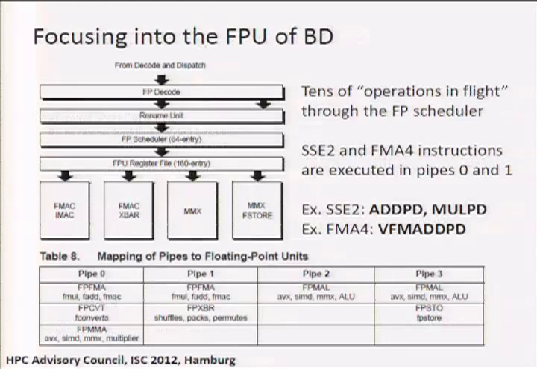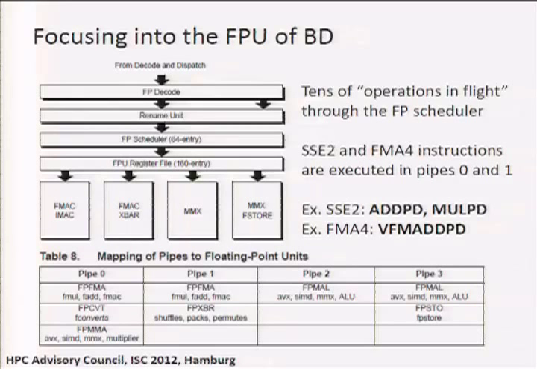If I look a little bit into the floating point unit, once you get the data of the operations, you can have a bunch of those operations scheduled, and then you send those to the different floating point pipes, which have different types of floating point operations listed in here. And I'm going to be focusing in this talk on the FMAC.